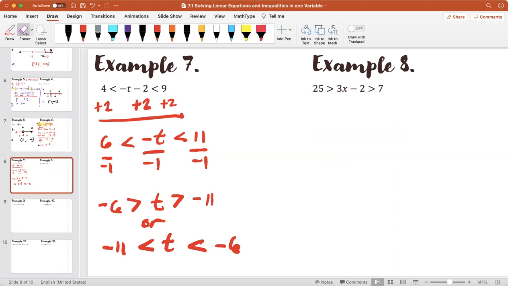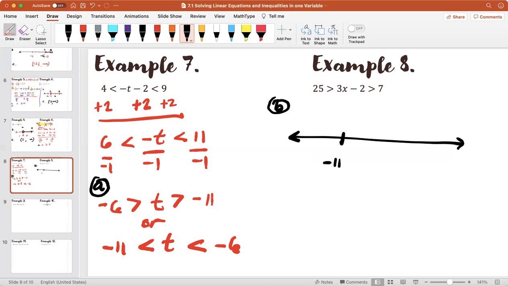And here we graph, right? So this is our first answer. We can also express this as a graph. What do you think is the graph of this inequality? The graph of an inequality is sometimes a ray that goes to the left or to the right. Your graph can also be a segment, or it could be two opposite rays. Here we have negative 11, the smaller number at the left, and then the bigger number at the right.